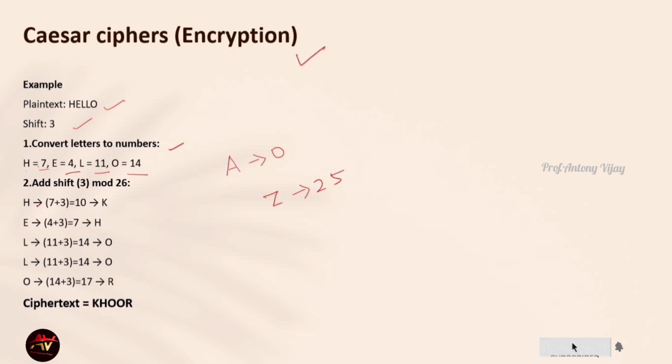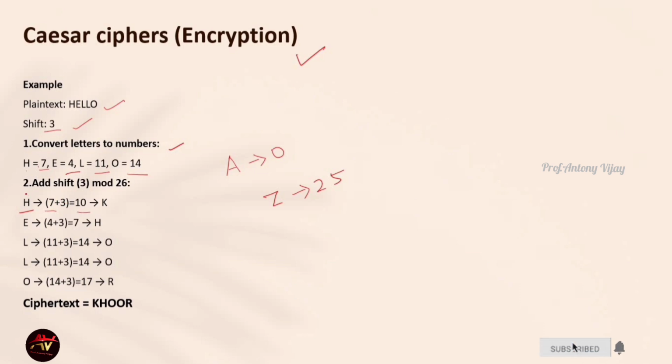Here I am going to take care of it letter by letter. First I am taking H. The value of H is 7, as we know already, and here we are taking a shift of 3, so we add like this: 7 plus 3 is 10.